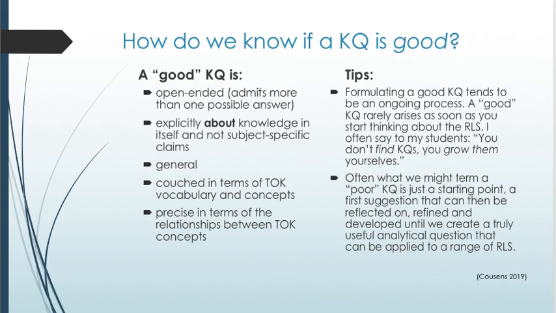Think about it this way. A knowledge question is inspired by a specific moment or subject or situation, but the question itself is not dependent on that situation. It is general. It is couched in terms of TOK vocabulary and concepts. It is precise in terms of the relationships between TOK concepts.